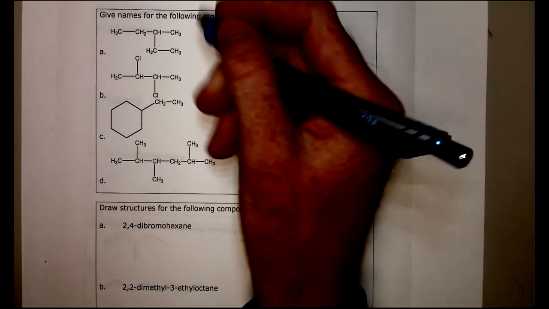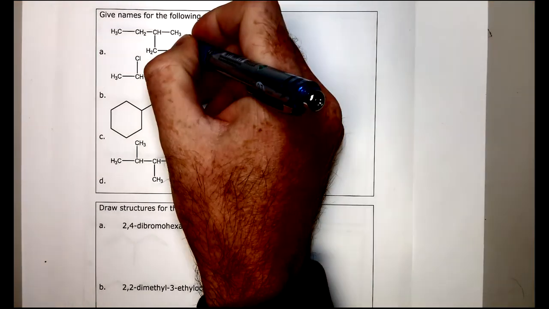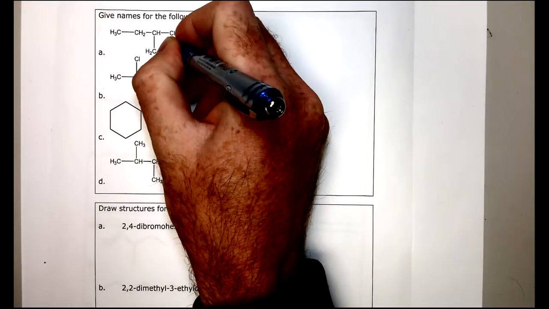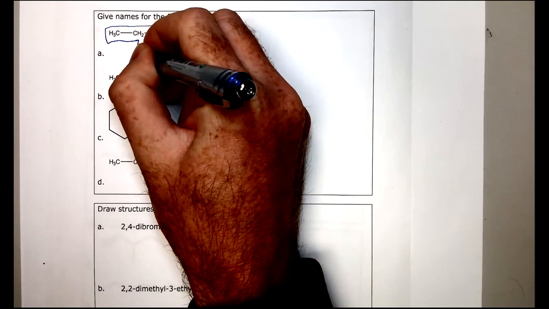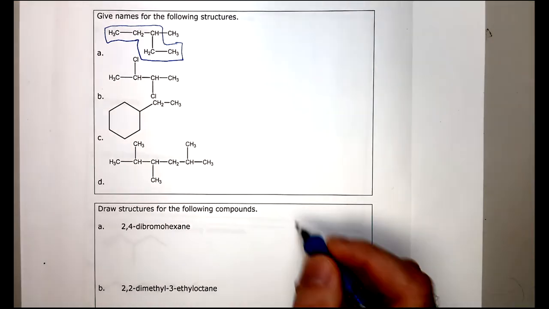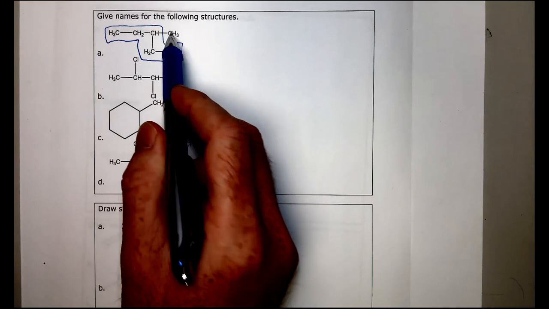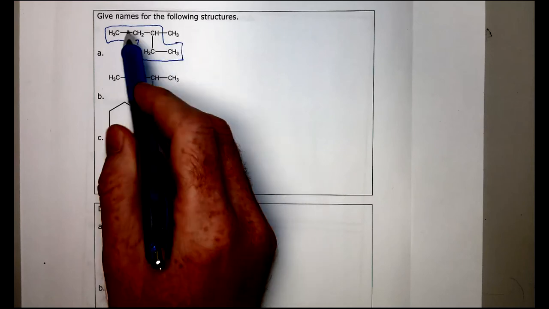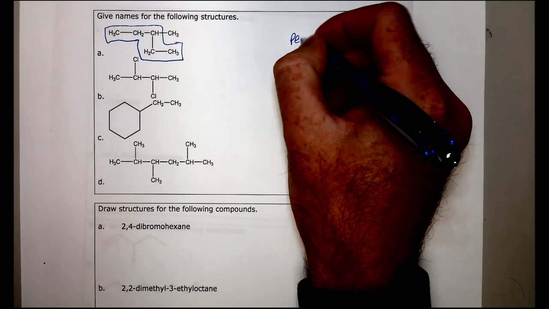Okay, so we're going to look at the names of some of these structures. To do that, find the longest chain. So the longest chain will be this. If you had just gone straight across, you would have been wrong, because that's 1, 2, 3, 4, but this is 1, 2, 3, 4, 5. So we're talking about a pentane.